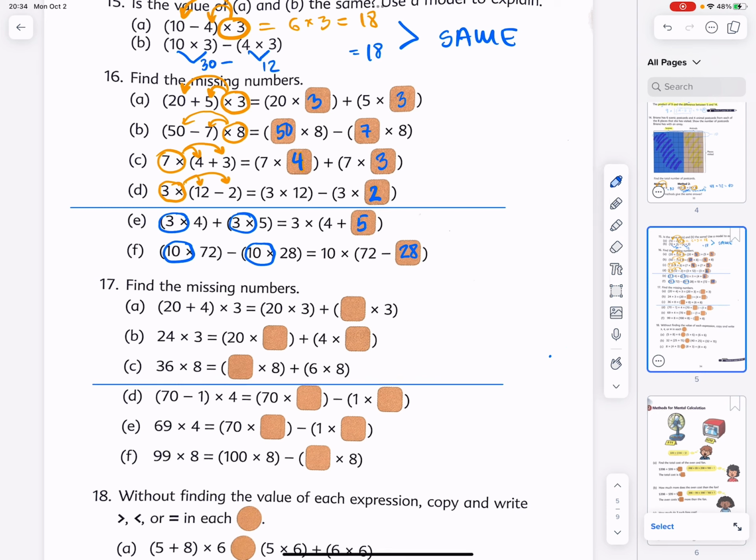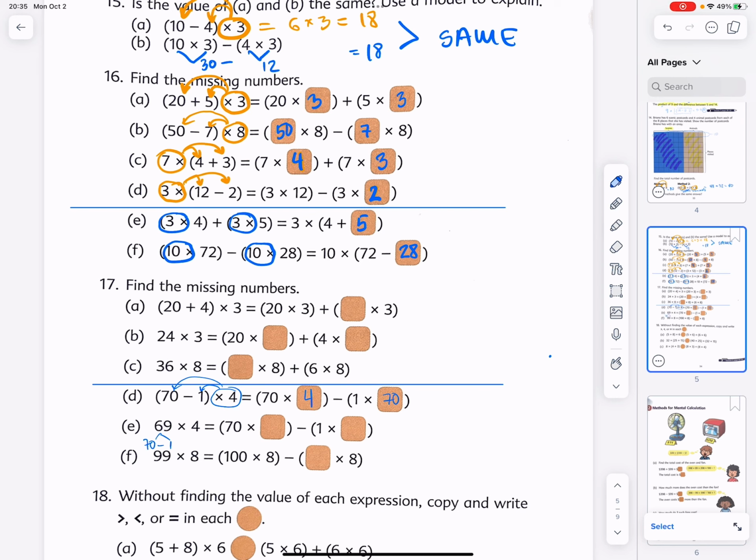Let's read this again using algebra language. 70 minus 1 times 4, which is like we take 4 69 times altogether. So we can say that yes, 4 is a common factor and we can distribute it to what's inside the parentheses. So we take 4 70 times and then minus 1 extra 4. 69 times 4, well, we can think of 69 as 70 minus 1.